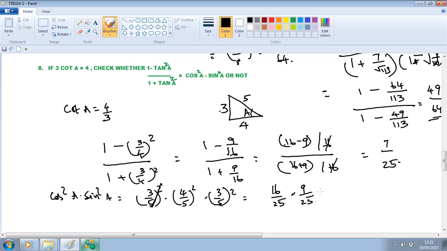Let's see: no, these two are not equal. This is a different figure. They are not equal.